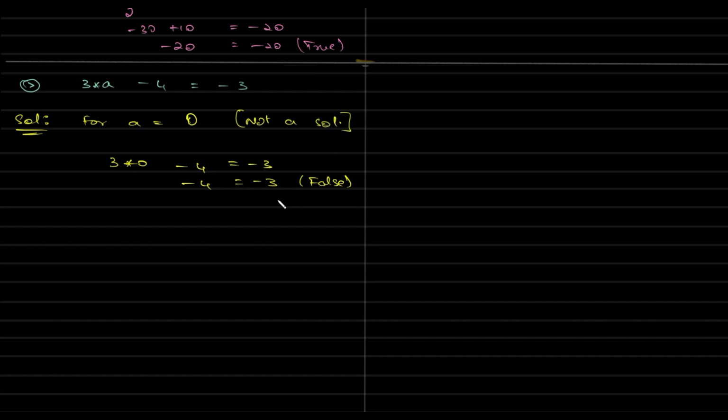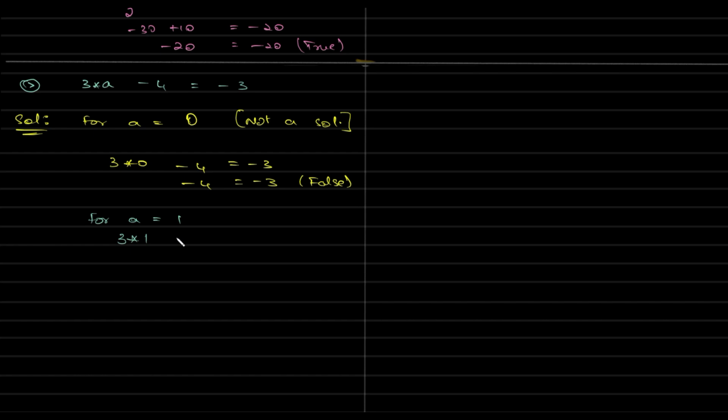Negative 4 and negative 3, we are close by. So obviously I need a positive number over here so that it gets subtracted and I get negative 3. So the closest positive number which I know is 1. Right, that's the traditional number which anyone will go with.